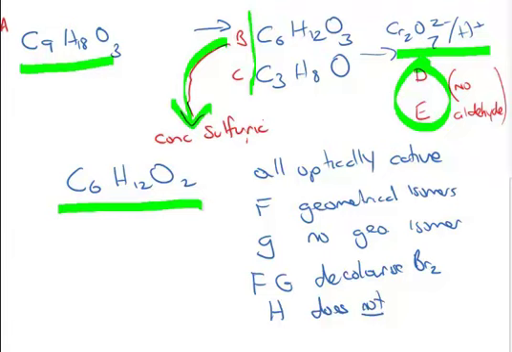F can be a geometrical isomer, G has no geometrical isomer, and F and G will decolorize bromine water, H does not.